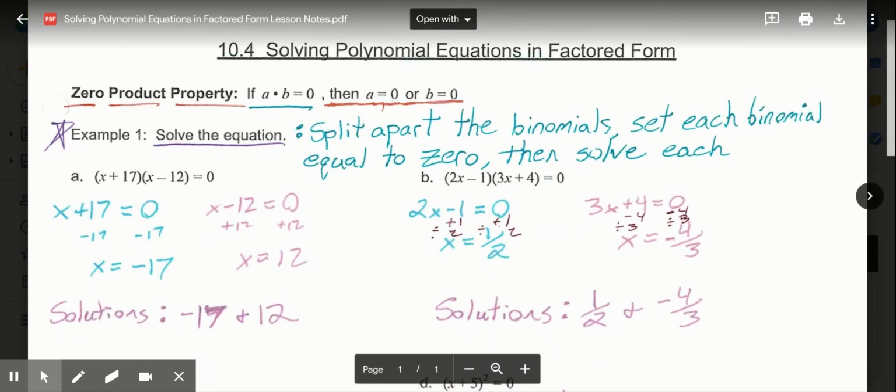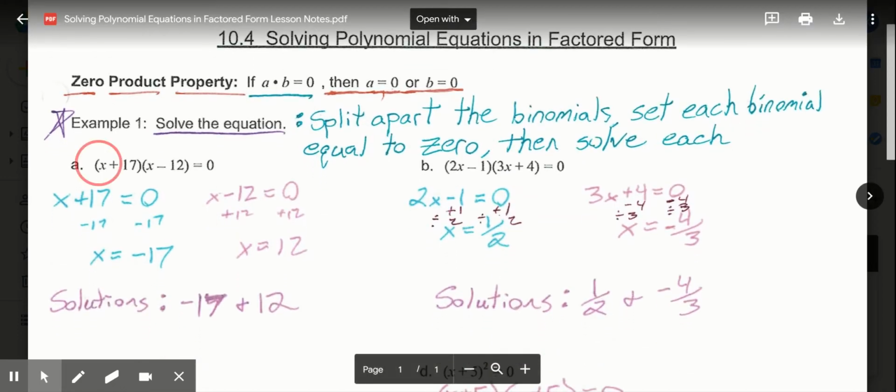If we look at example 1a here, we'll see our equation is two different binomials, x plus 17 and x minus 12. We have two different binomials in parentheses, which means they're being multiplied.